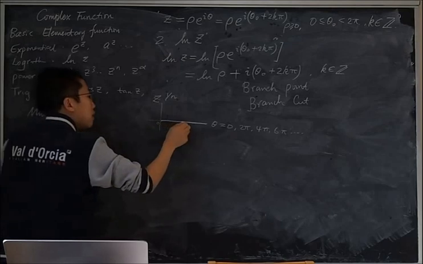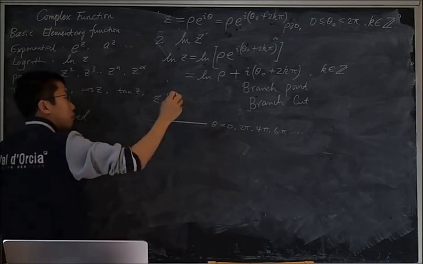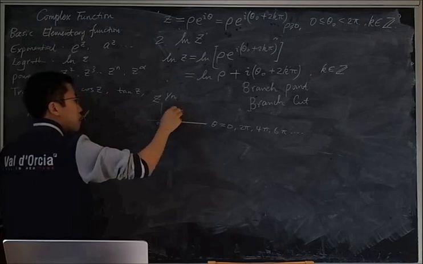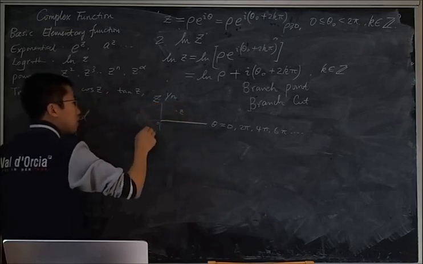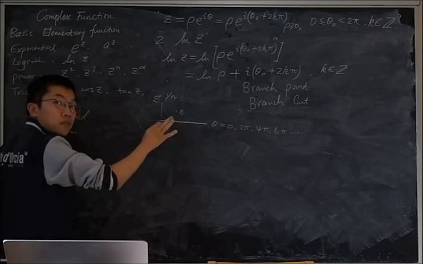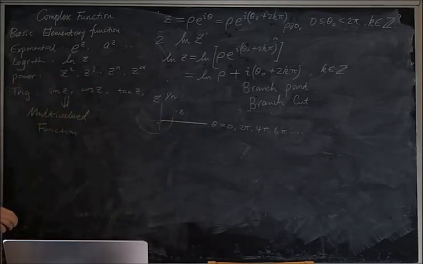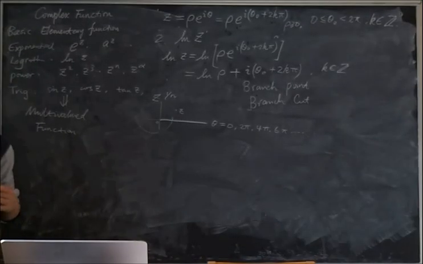Consider a complex number z that evolves on a complex plane. Every time it passes through this cut, it goes to a different range of theta.